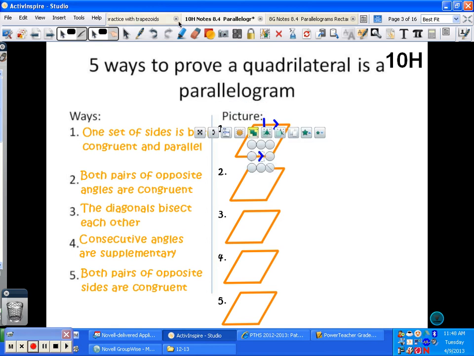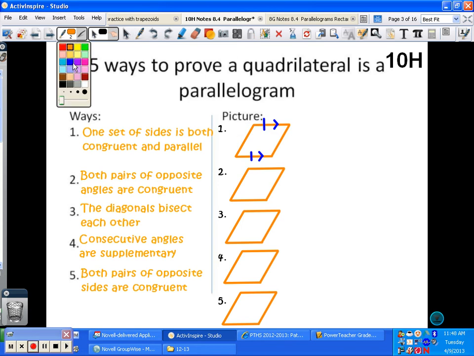If both pairs of opposite angles are congruent, we need angles to be congruent. So let's go ahead and draw, this is sure to get messy. If that is congruent to that, and that is congruent to that, then that's a parallelogram.